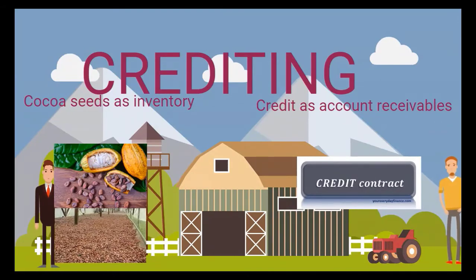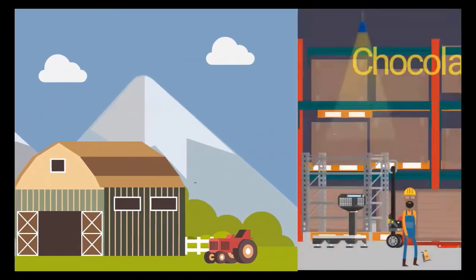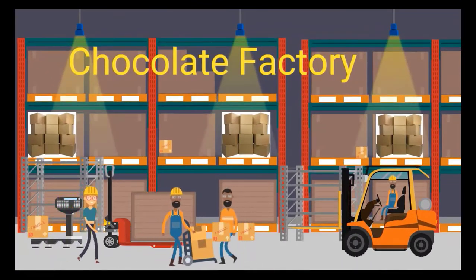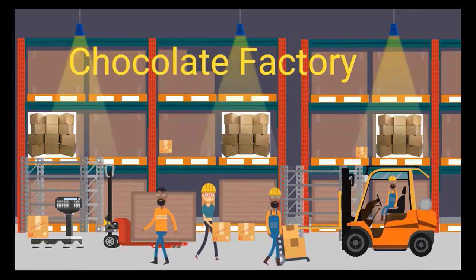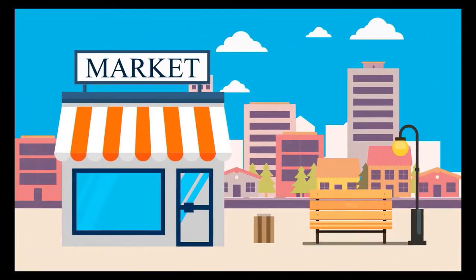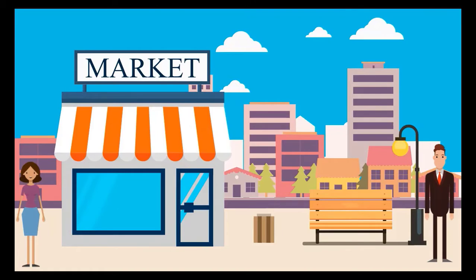Now, there exists a second scenario when Mr. Roland becomes the lender and some other company becomes the borrower. Let's say after processing the cocoa seeds to its finished product, which is chocolate, Mr. Roland provides this chocolate to Miss Shelley, who owns one of the biggest retail shops in Toronto.